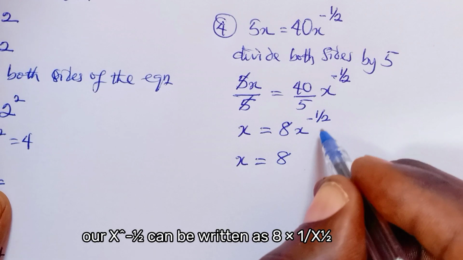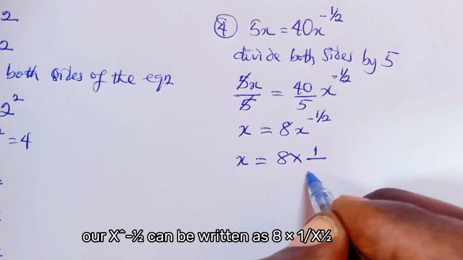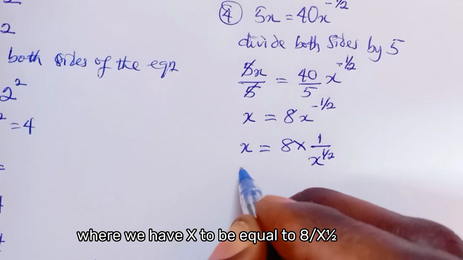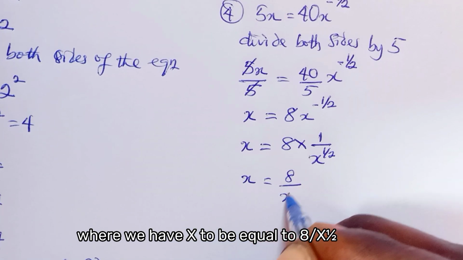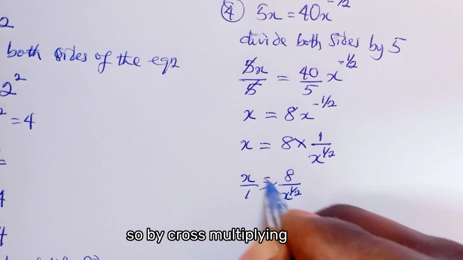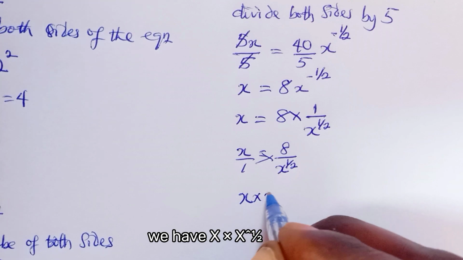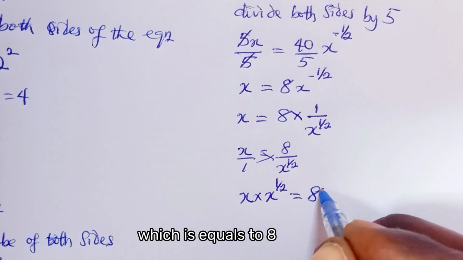Our x raised to power minus 1 over 2 can be written as 1 over x raised to power 1 all over 2, where we have x to be equal to 8 all over x raised to power 1 all over 2. So by cross multiplying, we have x times x raised to power 1 all over 2, which is equal to 8.